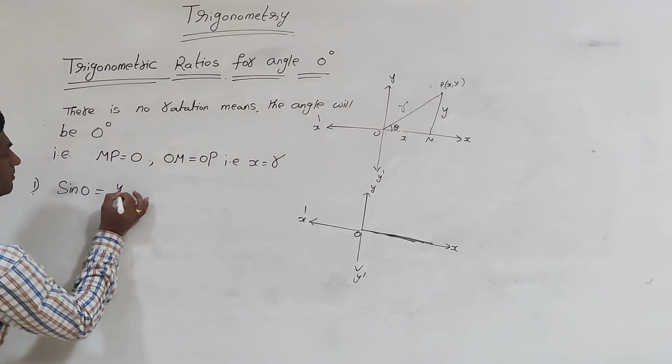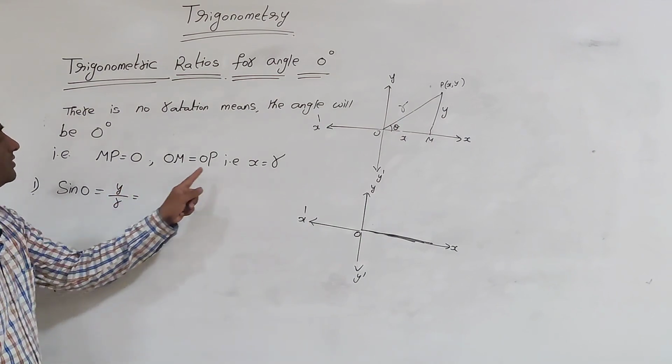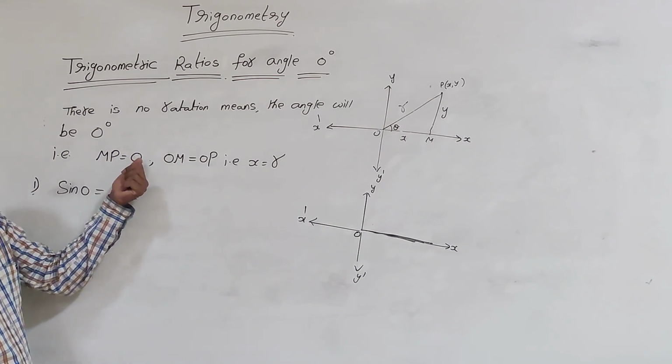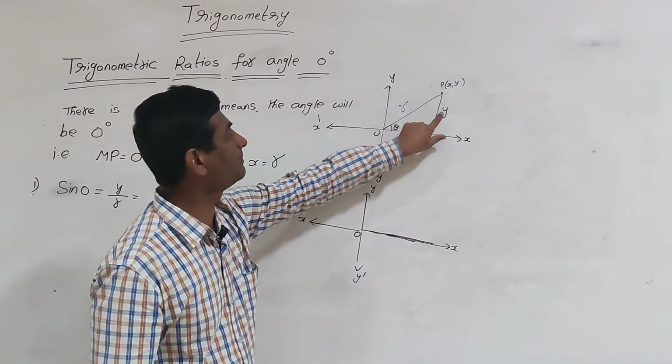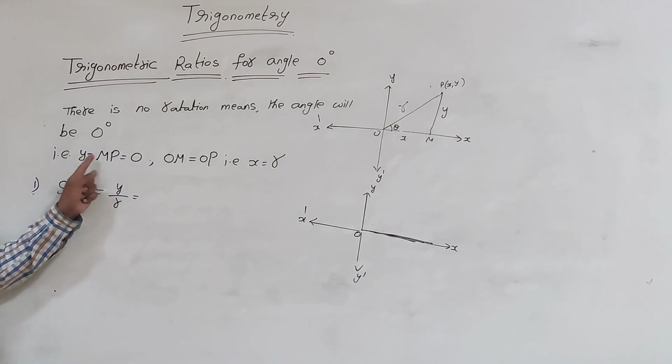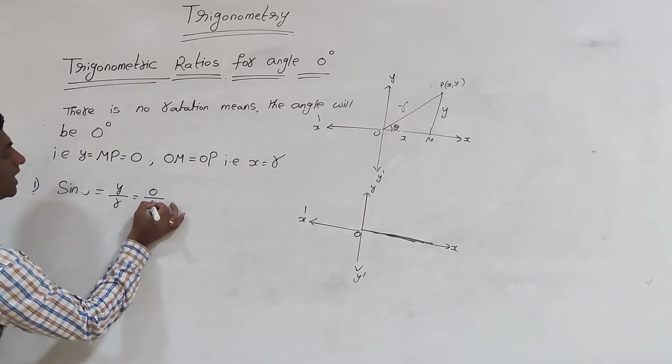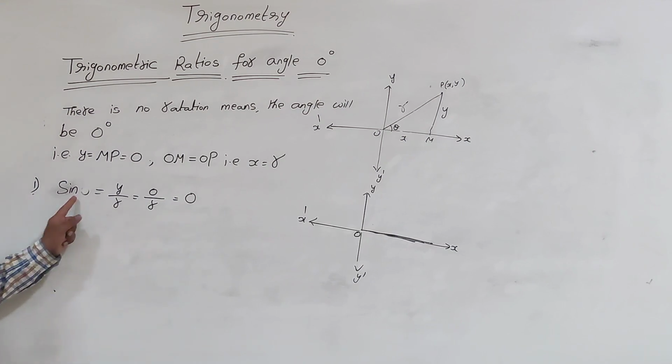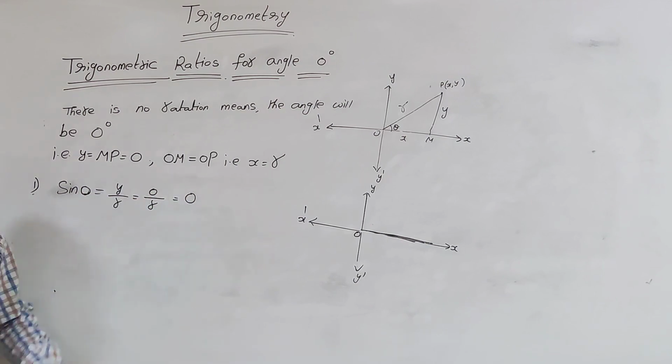But what is y? It is MP, and the length of MP at 0 degrees is 0. So y is equal to 0, and 0 by r is 0. The value of sin 0 is 0.